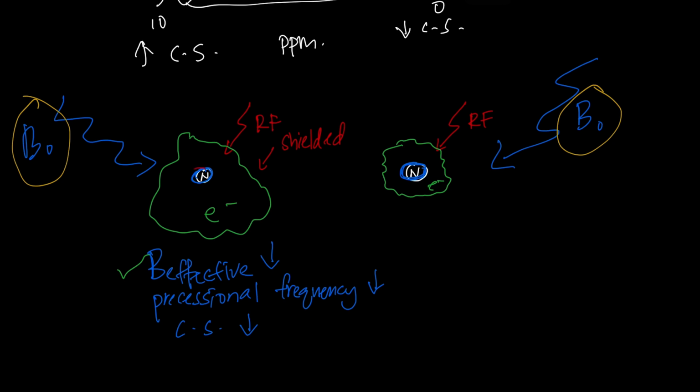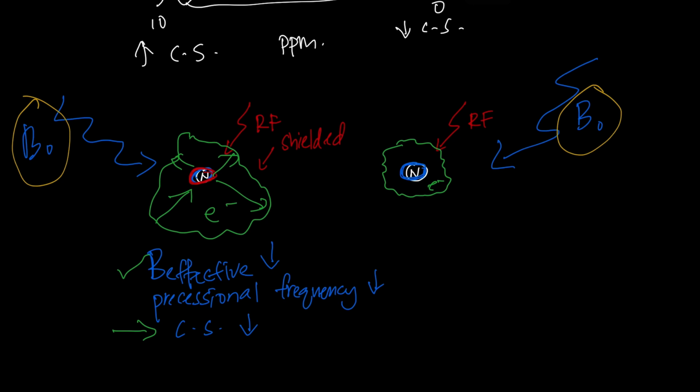Because of the very thick electron cloud, the nucleus is said to be shielded, and the effective magnetic field is weaker. This causes the precessional frequency, the spinning frequency of the nucleus, to be lower, and this leads to a lower chemical shift value.